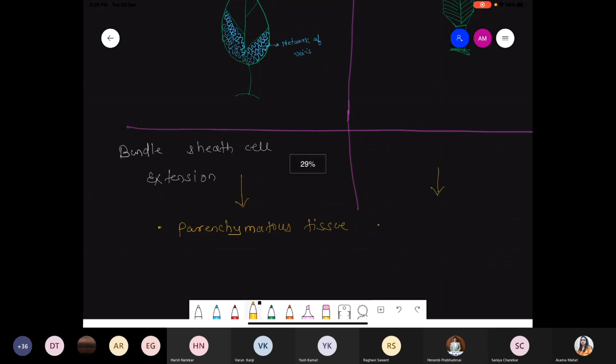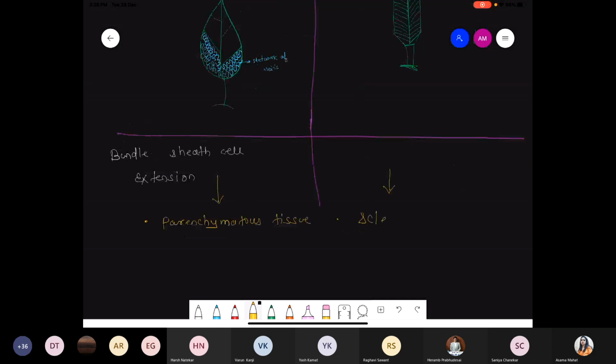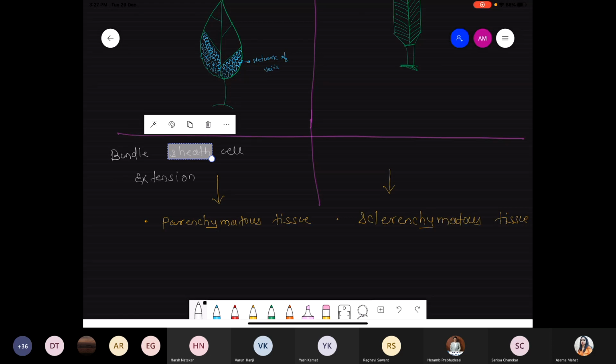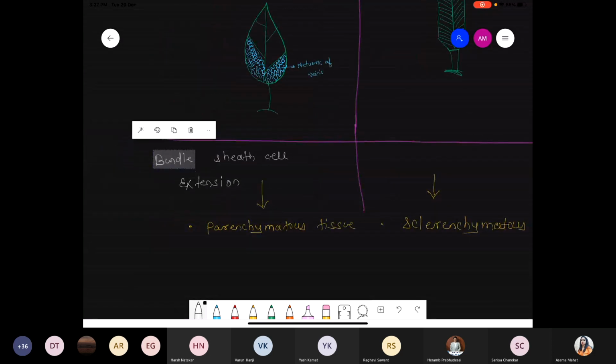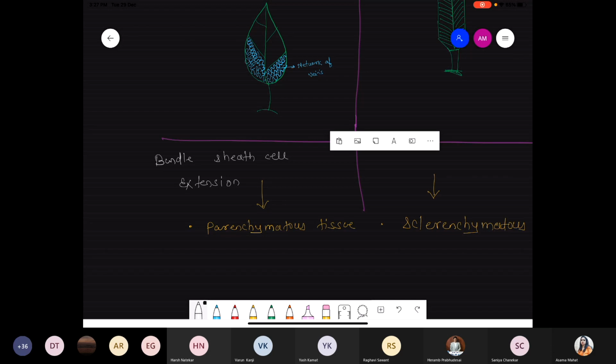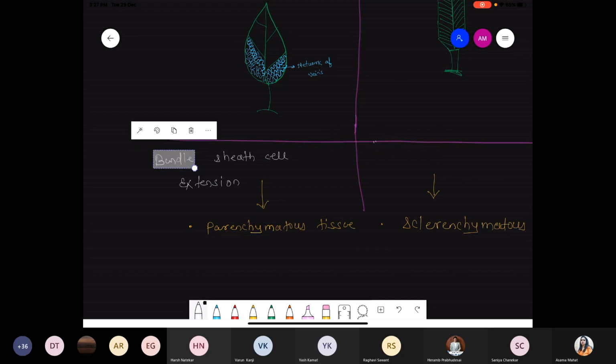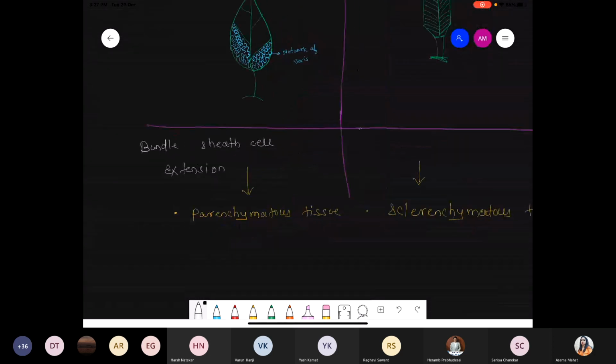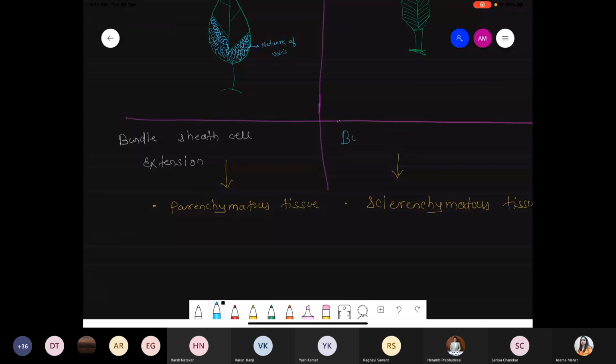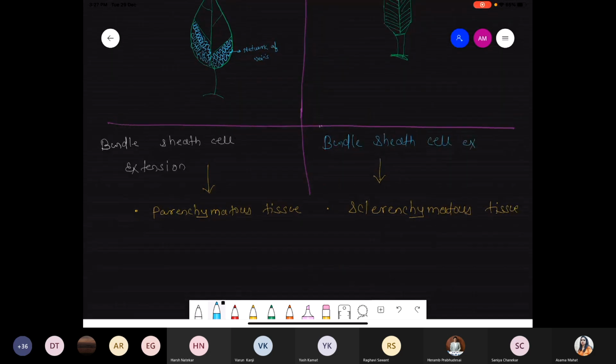But when you compare this with the monocot, they are sclerenchymatous tissue extensions. So you can write down this point here: bundle sheath cell extension, parenchymatous tissue and sclerenchymatous tissue.